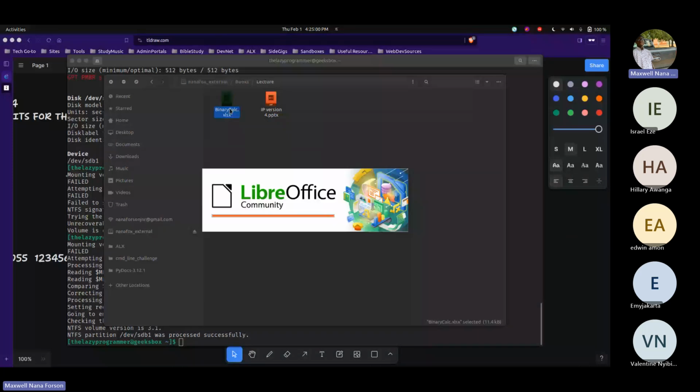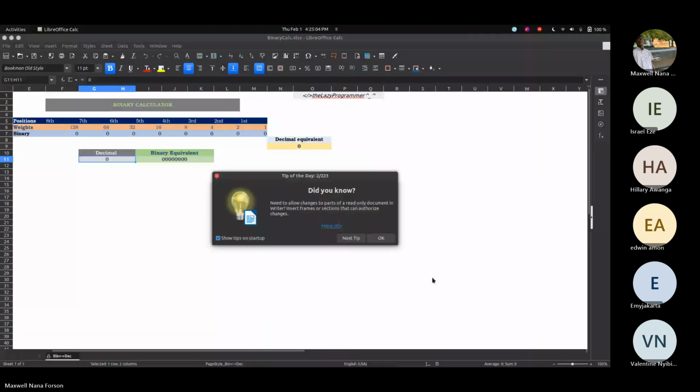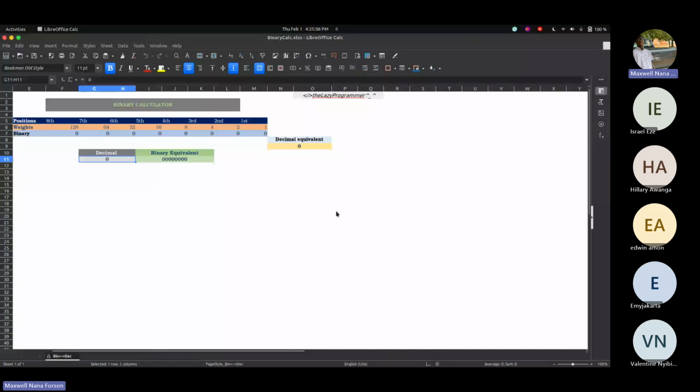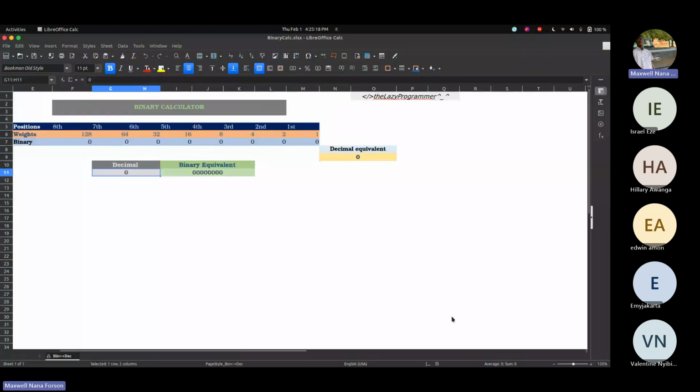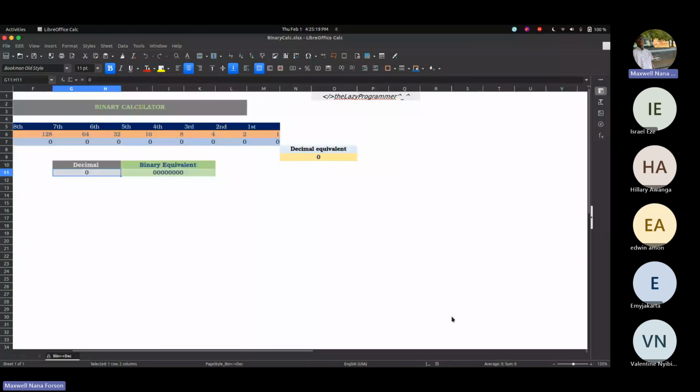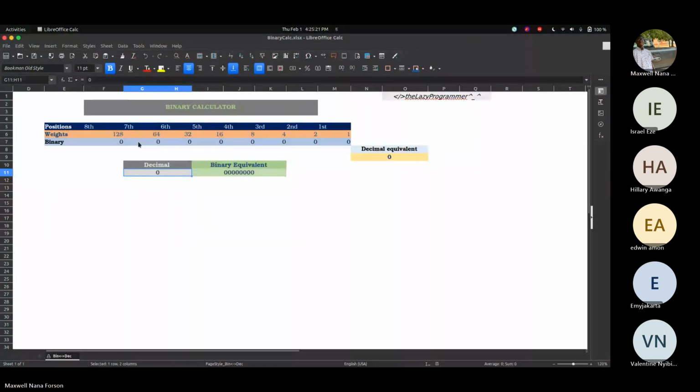Here I just have something on bit manipulation. Let's just say it's on binary, right? So here let's just look at something. Hopefully it's clear for you to see.